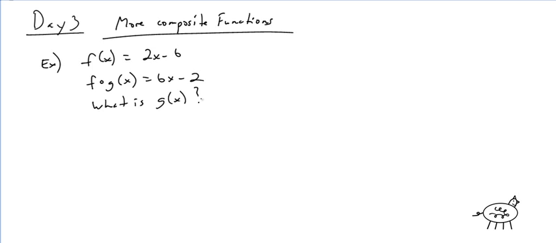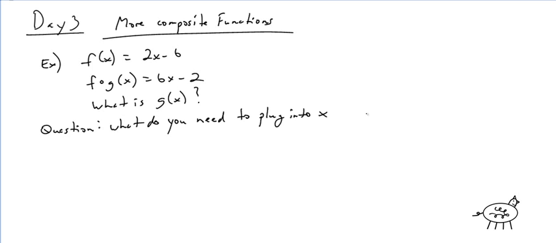Okay, it's a little more challenging now because now you actually have to say, what am I plugging into? Let me just write this out here. Question: what do you need to plug into x for f of x to get 6x minus 2?